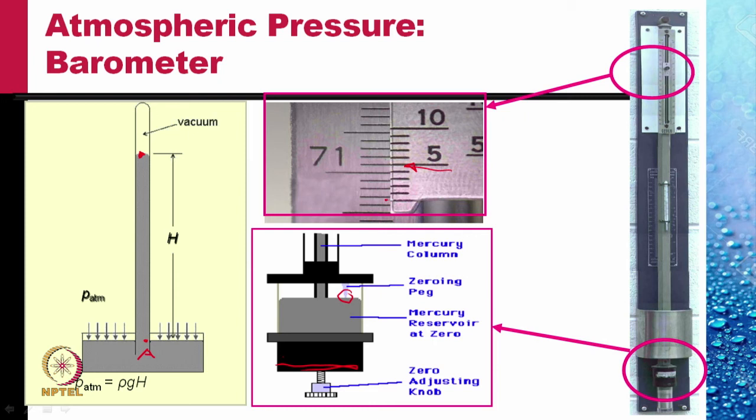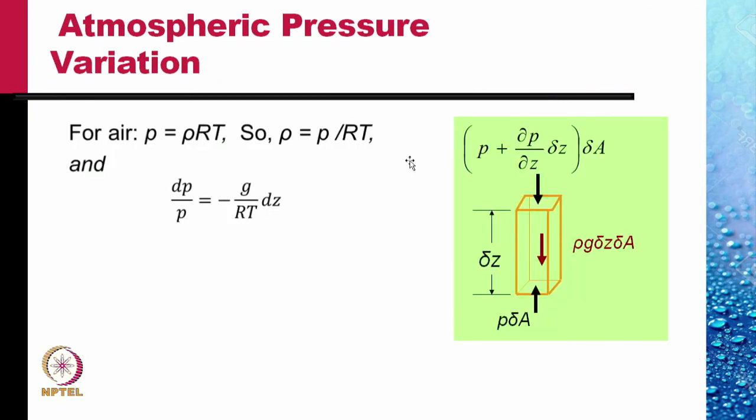You multiply with the density of mercury, which is about 13,600 kilogram per meter cube, and g, 9.81, and we can get the pressure. Let us now consider the variation of pressure in atmosphere. You know that as we go up in the atmosphere, the pressure decreases.